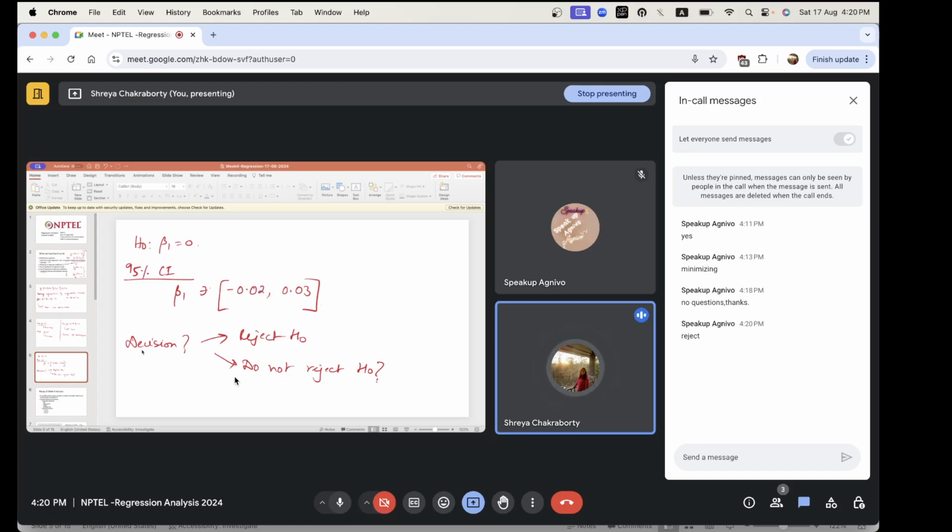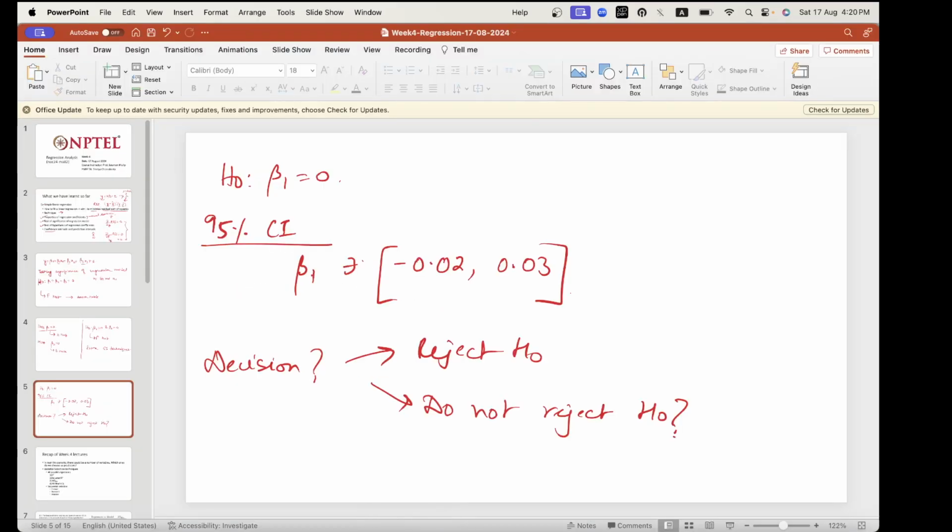No, it wouldn't be reject. It would be to accept. If the confidence interval contains your null value, then it means what? It means that, in this particular problem, for beta 1, we are 95% confident that actual beta 1 lies between these two bounds.